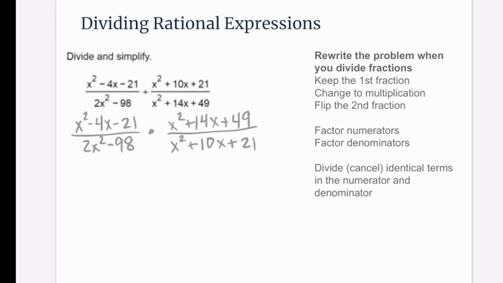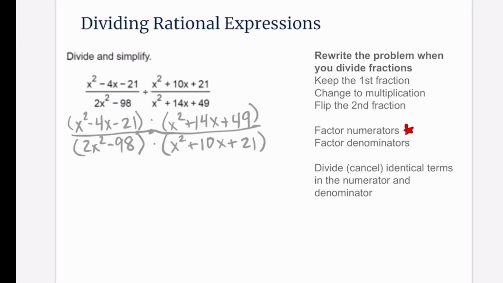So the second fraction is going to flip, and now we have multiplying fractions. So all of this we can write as one large fraction. The first numerator times the second numerator in parentheses, first denominator times the second denominator in parentheses. And now we have to factor, which is where the fun happens.